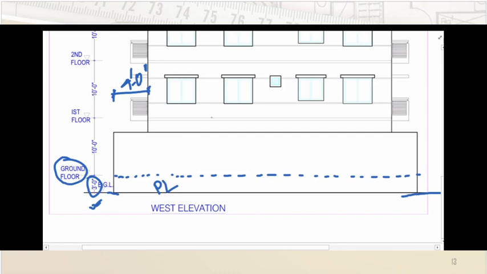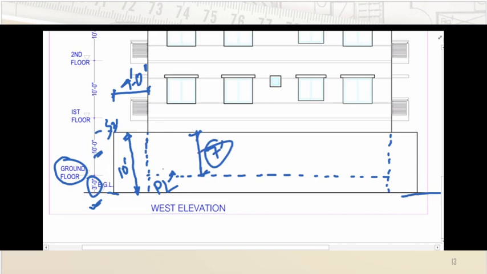As we don't have the plan of the ground floor, we can assume this boundary wall to be 10 feet from the existing ground level, which indicates that it will be 7 feet above the plinth level, the remaining 3 feet of the 10 feet if we subtract this 7 feet.